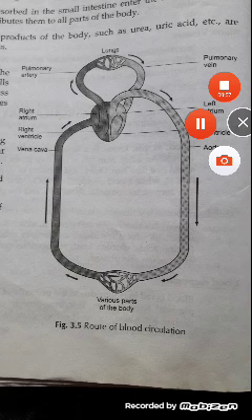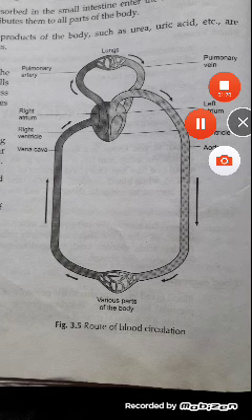It also carries carbon dioxide from the tissues to the lungs. So, this carrying of substances like oxygen and carbon dioxide is done mainly by blood.